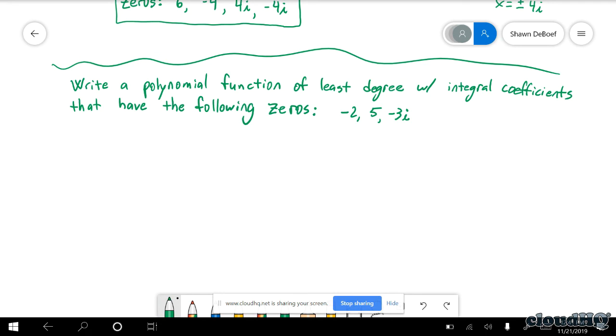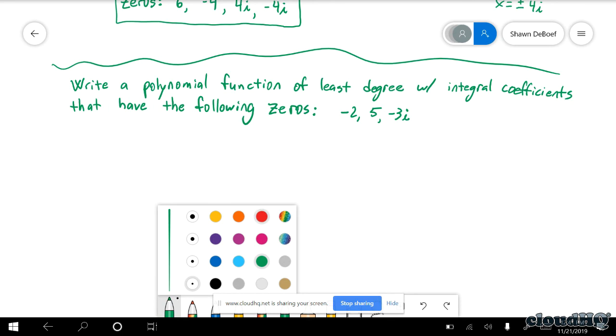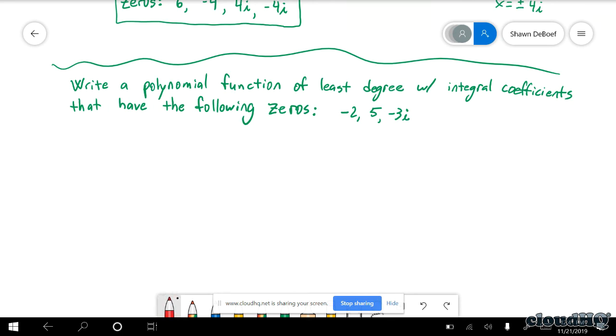So we have to turn these zeros into factors. But first of all, what is missing in this particular problem? There is one more zero in this problem that I have not given you that you should recognize and include.